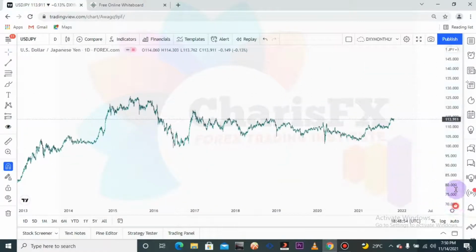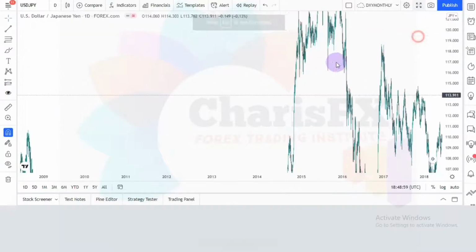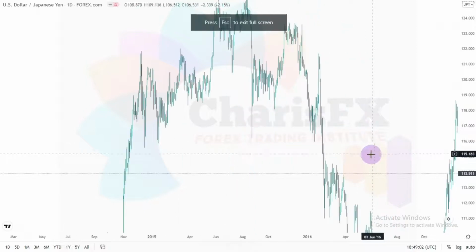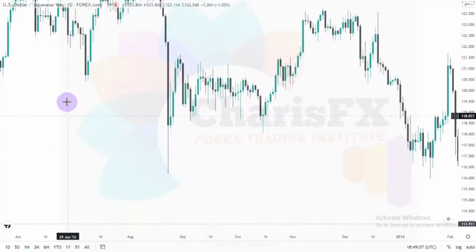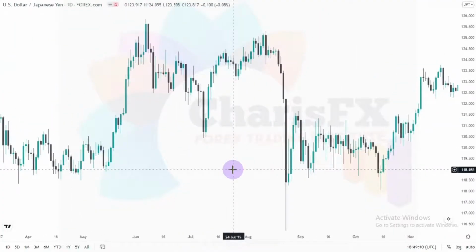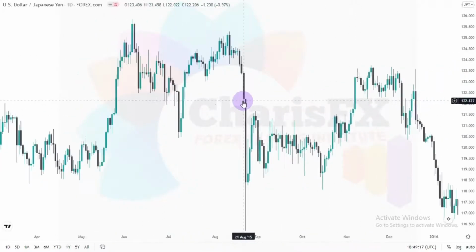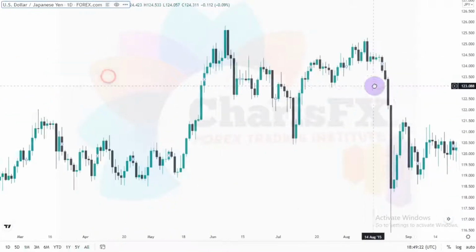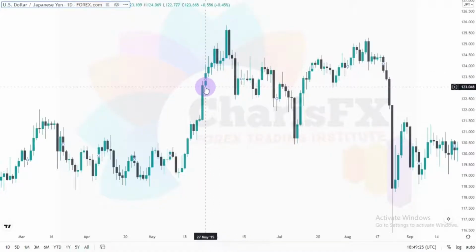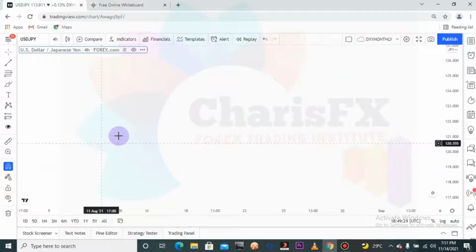This is a chart of USD JPY, and let's quickly check and see where we see a bearish order block. Bearish order block, guys. So guys, price has been bullish. Let me bring it down to the 4-hour chart so we can see these things clearly.